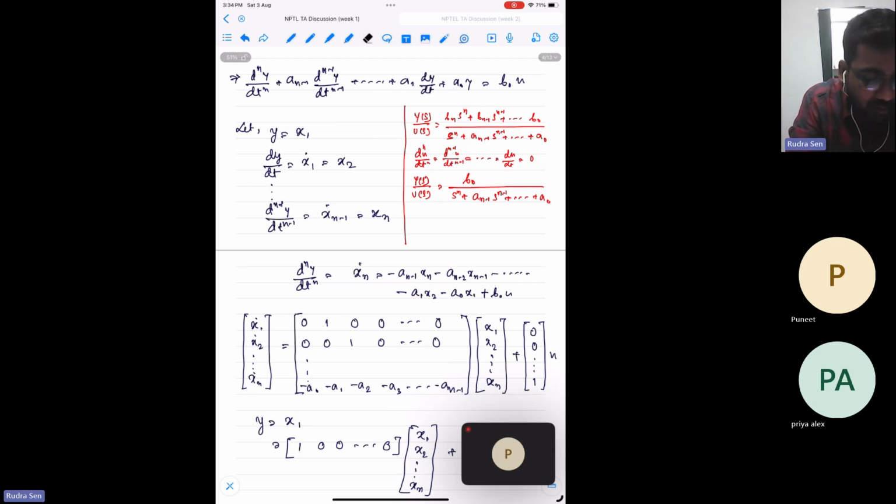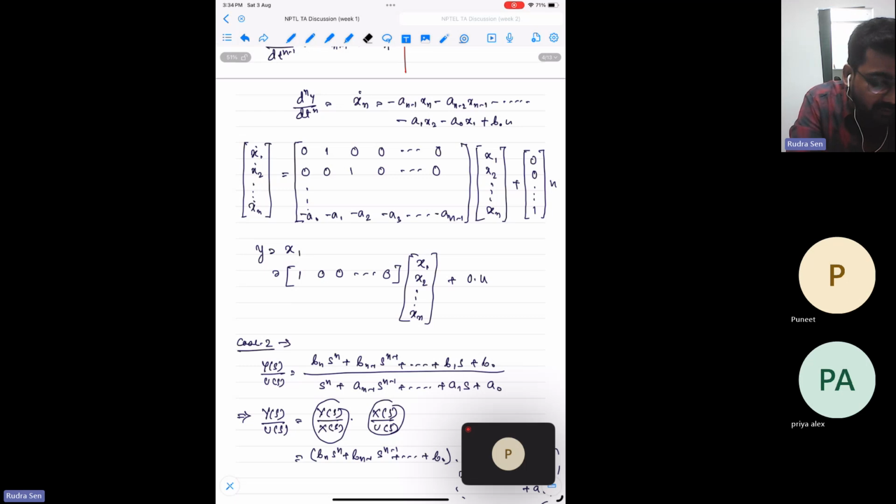Because if you follow the NISE book, you may not get the exact same matrix as the controllable canonical form. They mention this is basically the phase variable form, right? If you follow the normal NISE book, you can see that this is the phase variable form, and the controllable canonical form is something different.